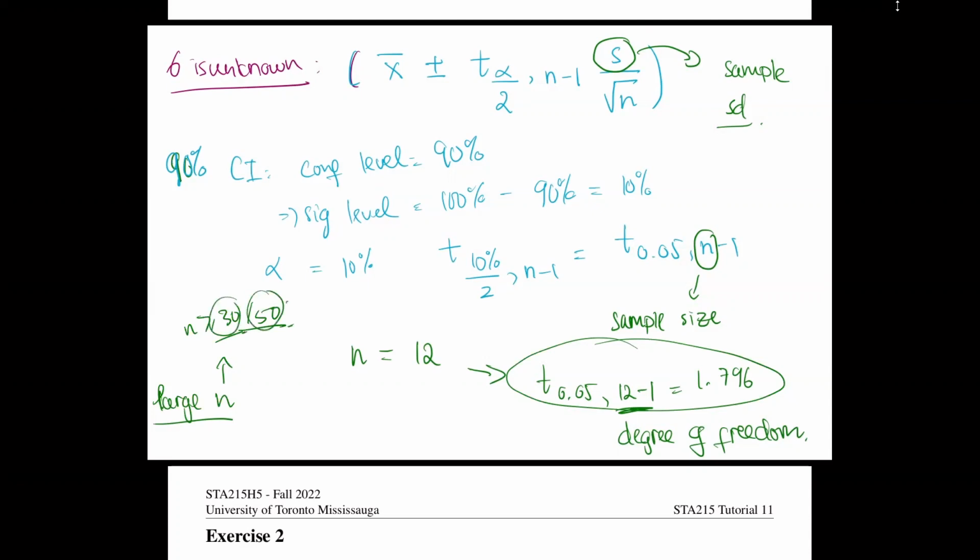But with either of these numbers, your T value will be approximately equal to your Z value. So for a large enough N, thank you, it is 30, someone confirmed, I trust you. So if you have a large enough N, then this value can be approximated by this value.